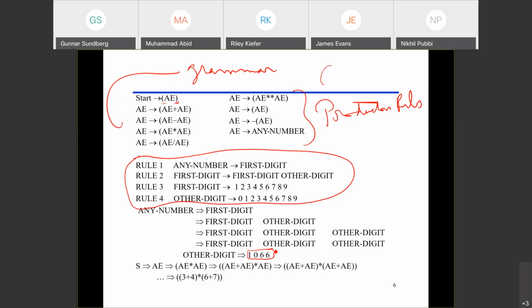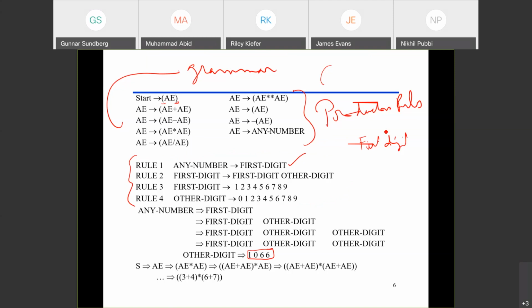So we always have 1066 in front of us, and we need to know whether, by using these four production rules, we can generate 1066. Here we start from the first one: any number can be replaced by first digit. So we start from this production rule, and then we have first digit.